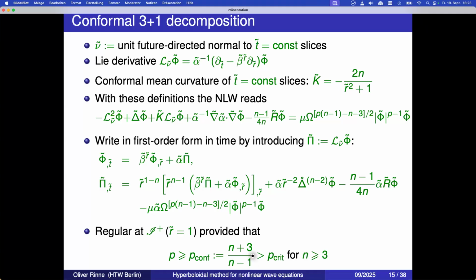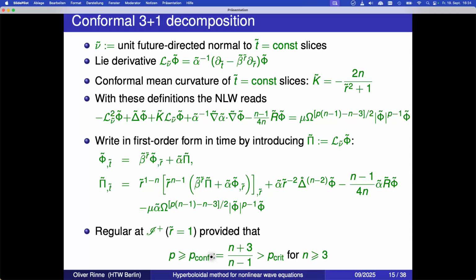And it turns out, fortunately, that this is actually greater than p critical. This means that, using this formalism, I can evolve both subcritical and supercritical nonlinear wave equations, which is important because the qualitative behavior of solutions can be different for the subcritical and the supercritical case.